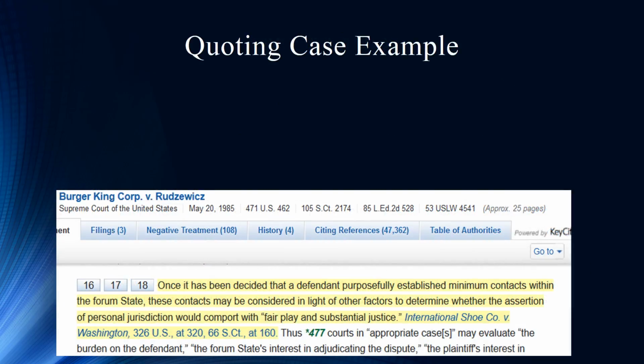Now let's look at a quoting case example. This is a screenshot from one of your civil procedure cases, Burger King. Here, the highlighted portion of the text I want to quote from in Burger King includes the quoted language 'fair play and substantial justice' from International Shoe. Let's look at how this would be cited.